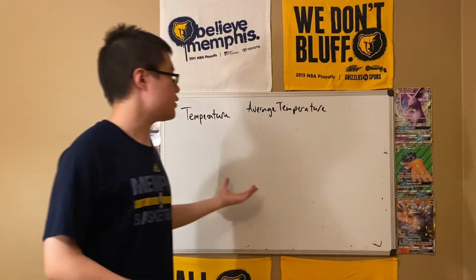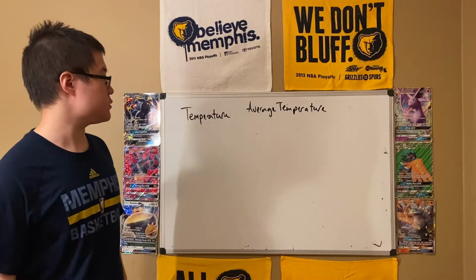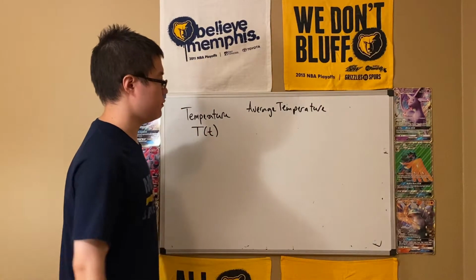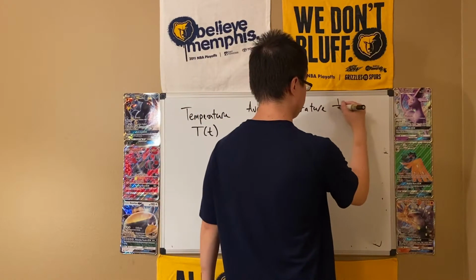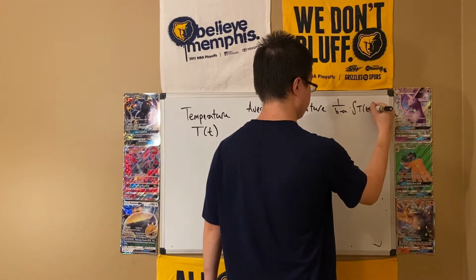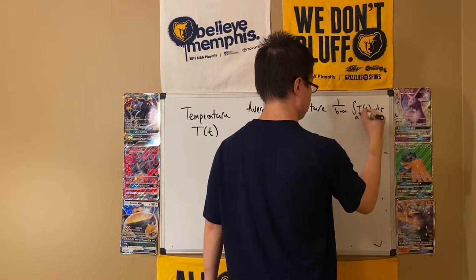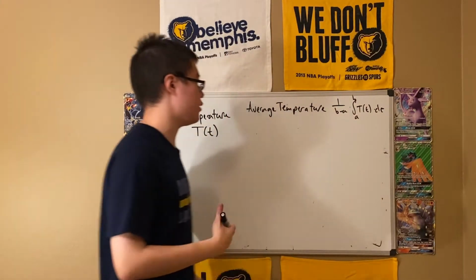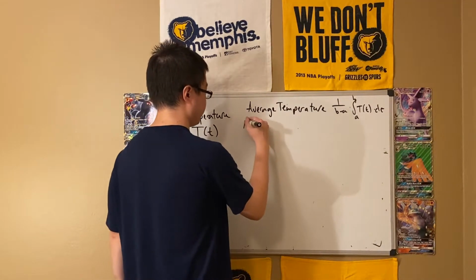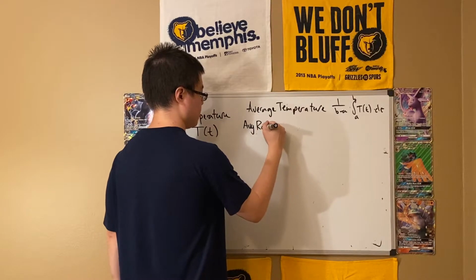If you're given the thing you're taking the average of, you're going to be doing integrals. So let's call this T of t or something. This formula would be 1 over b minus a, the integral of temperature. These are the same formulas as with our generic functions. Let's say we're trying to find the average rate of temperature.